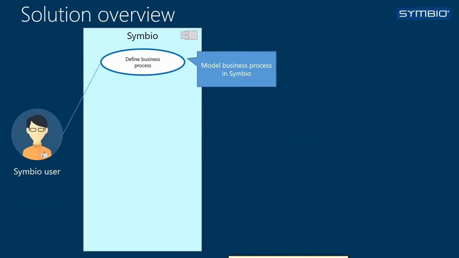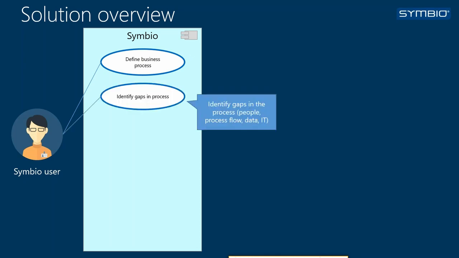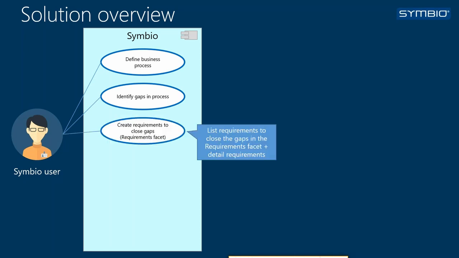If we look at the solution overview, so here you've got a typical Symbio user who will define a business process. So here they will actually go into Symbio and they will make enhancements to a business process. So they will model the business process in Symbio. They will then identify potential gaps in the process, i.e. people, process flows, data, and so forth.